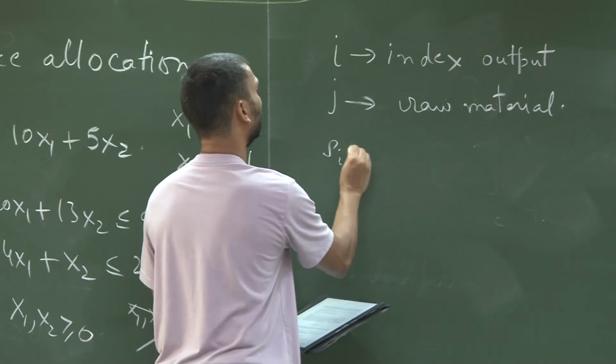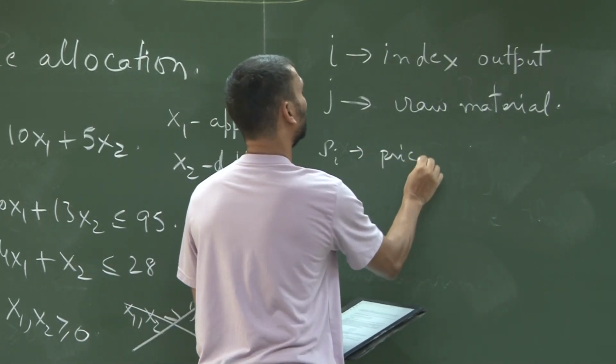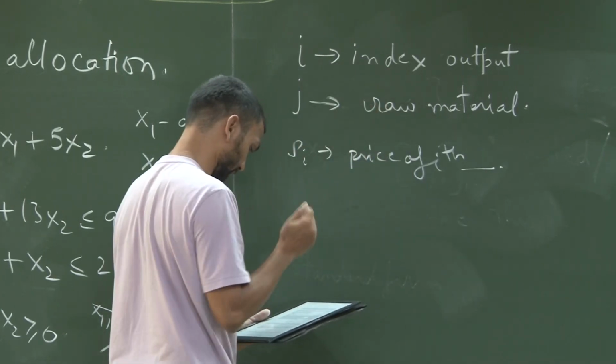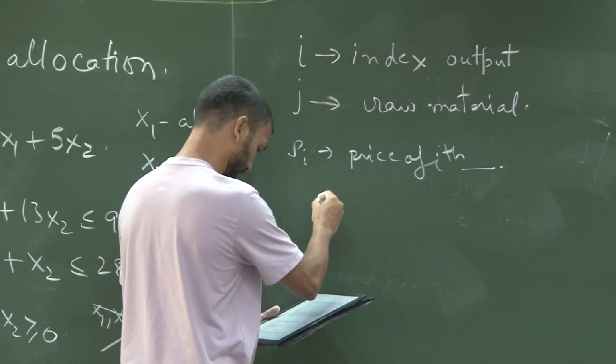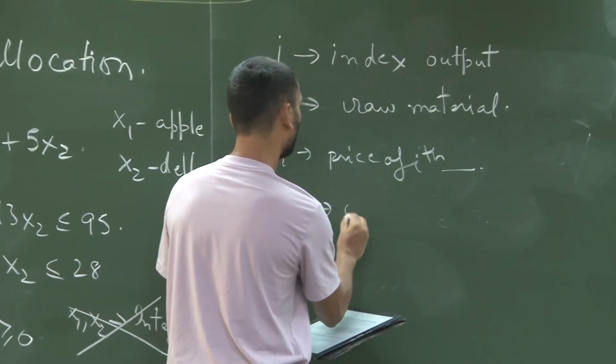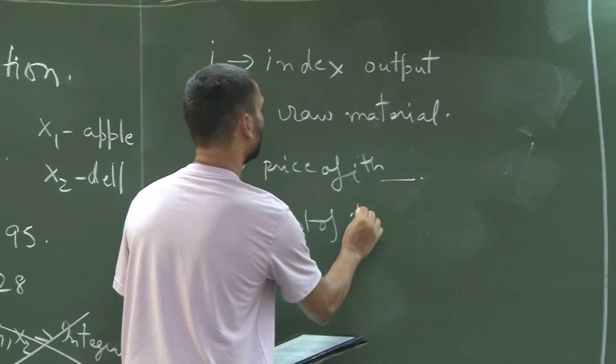So rho i is the price of the ith output. Gamma j is the cost of the jth raw material.